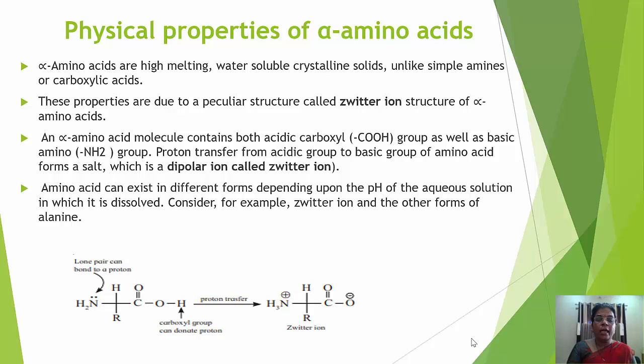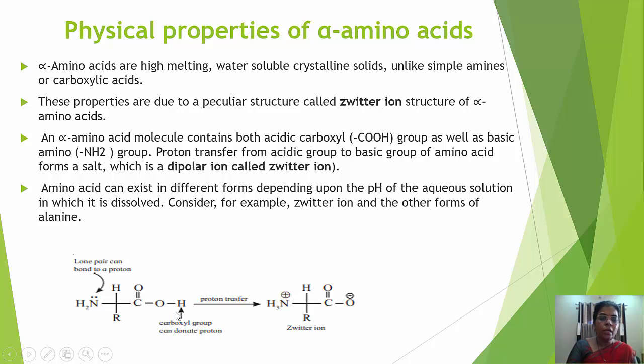Amino acid can exist in different forms depending upon the pH of the aqueous solution in which it is dissolved. Consider, for example, zwitterion and the other form of alanine. Now this is the structure of alanine. Here this NH2 possesses a lone pair of electrons, and this is the carboxylic acid group. Now this carboxylic group can donate a proton.